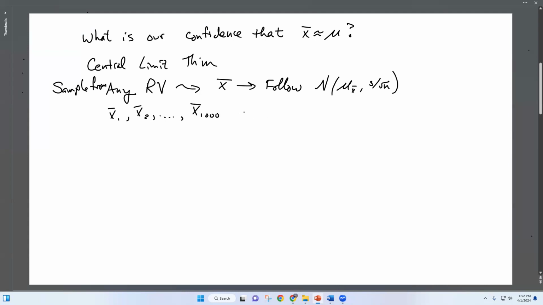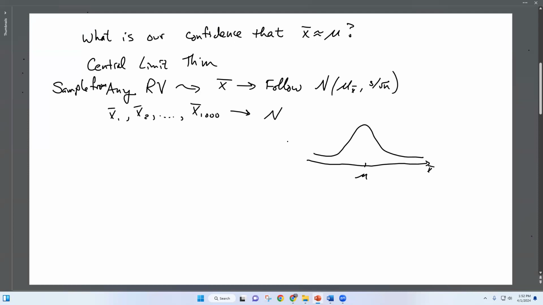Those sample means will follow a normal distribution. It'll be centered around, ideally, assuming that we're unbiased, the true value of the mean. And we'll have this normal distribution for our sample means.